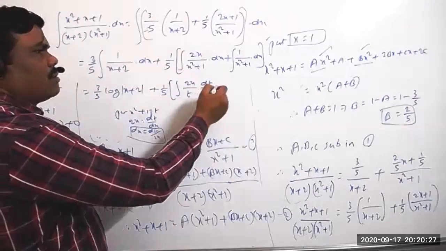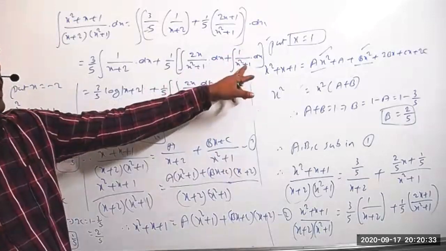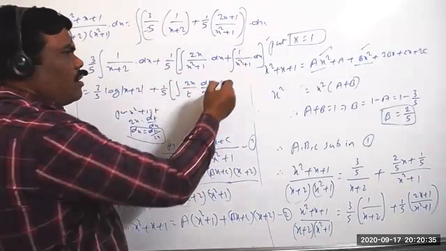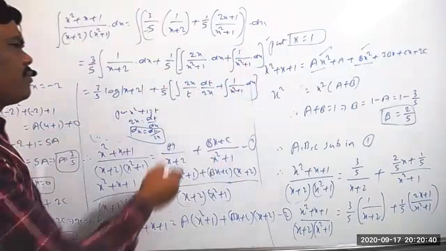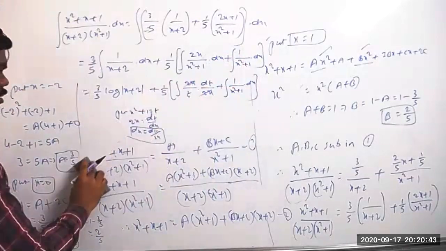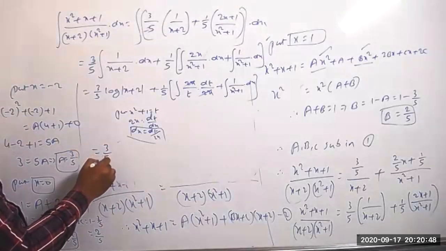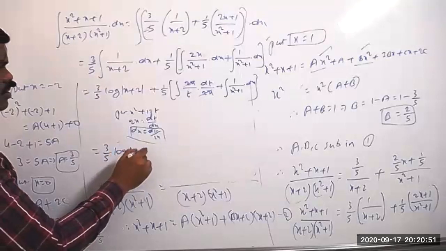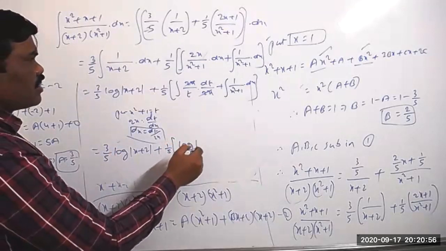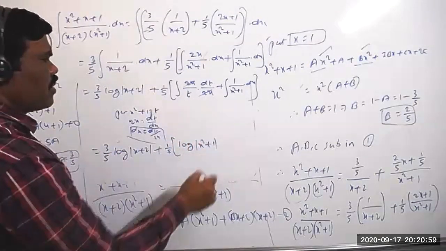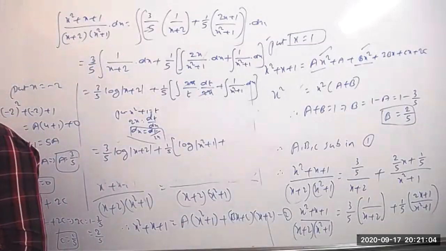The 2 will be cancelled, plus this is a direct formula we have: the integration of 1 by x square plus a square. Please tell me, anyone, what is the formula we have? What is the formula? So 3 by 5 log modulus of x plus 2, plus 1 by 5 into log modulus of t, which means log modulus of x square plus 1, plus the integration of 1 by x square plus a square.